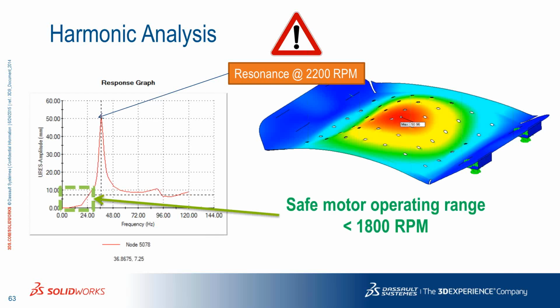If not, this is clearly telling us maybe a safe operating range is less than 1800 RPM. So again, a great way to understand what might be the safe operating range of this motor.